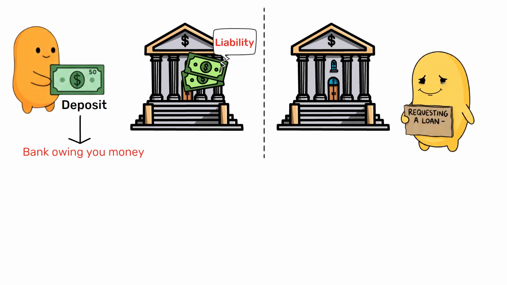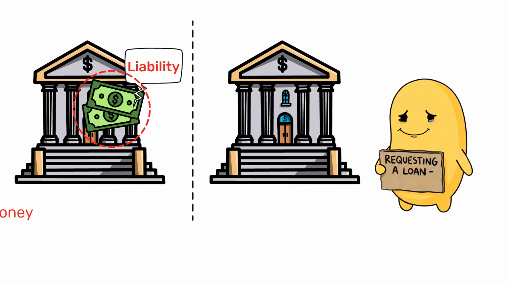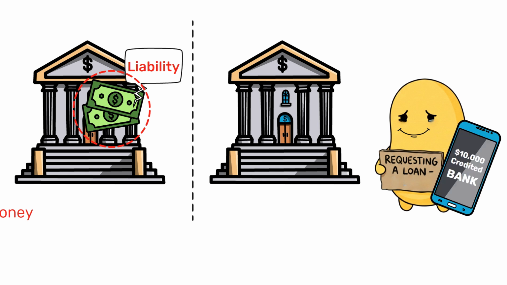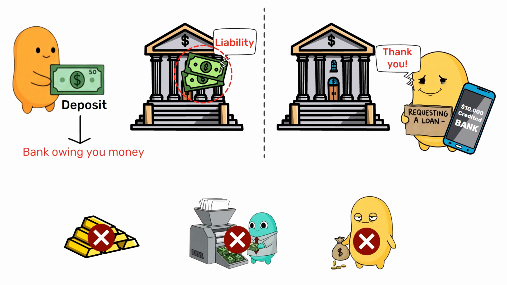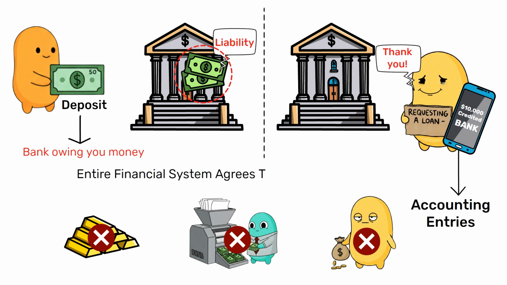When a bank gives someone a loan, it doesn't reach into a vault full of customer deposits and hand over neatly wrapped stacks of bills. It simply types a brand new number into the borrower's account. Instantly, that person has money that didn't exist seconds earlier. No gold, no printing, no physical transfer. Just accounting entries that the entire financial system agrees to treat as spendable dollars.